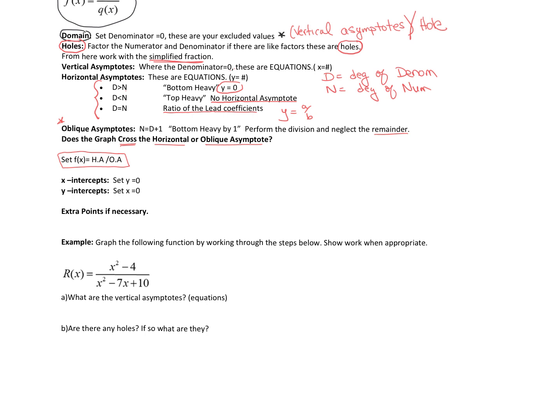In this particular case, I'm going to factor my r of x. The numerator is going to become x plus 2 times x minus 2, because it's a difference of 2 squares. And my denominator is going to be x minus 5, x minus 2.